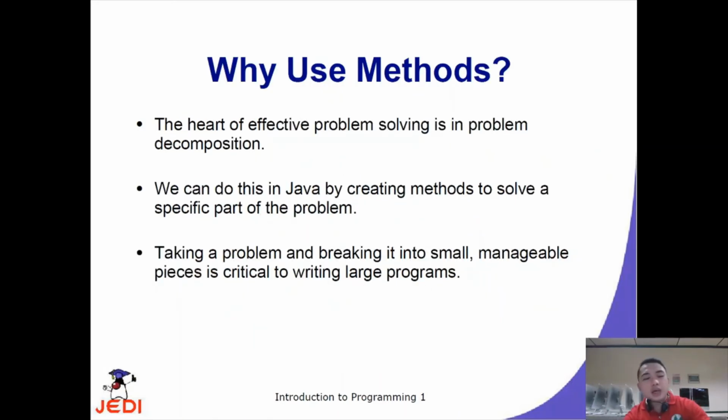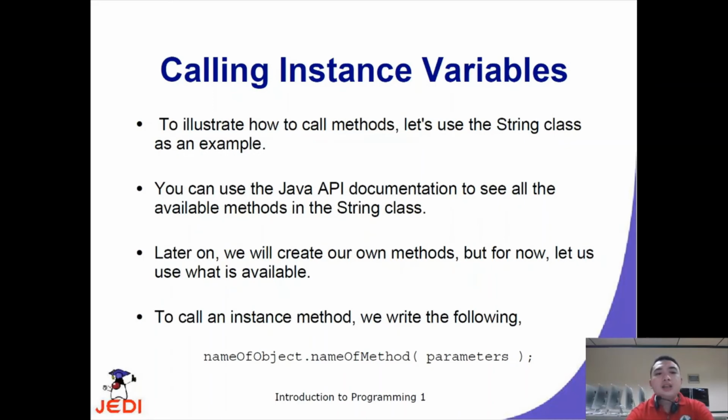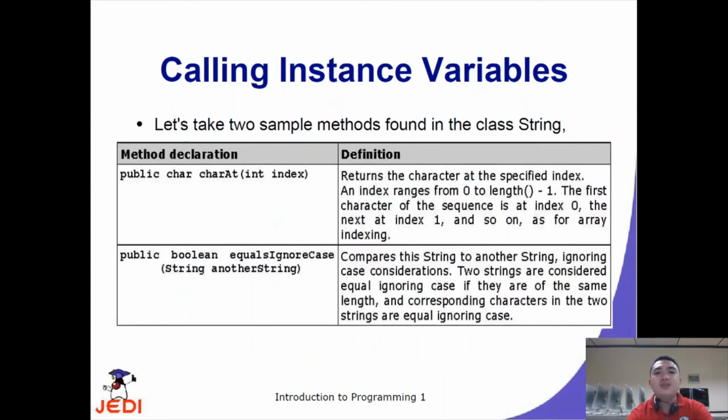Just read why you need to use methods. Please pause and read. To illustrate how to call methods, we just need to write the dot. We already discussed different methods in our String class discussion in Programming 2. We have charAt, which needs to accept an integer parameter and returns a character.